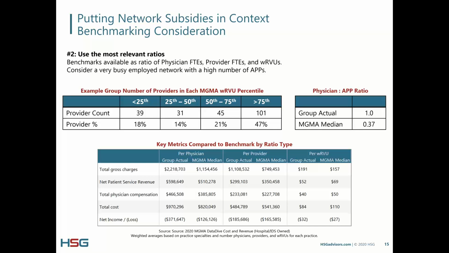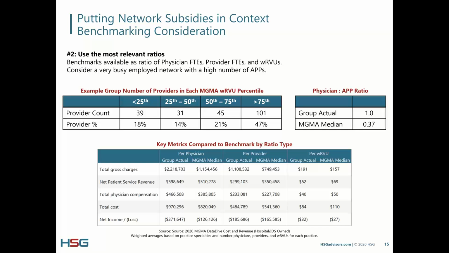Also, the whole group was about a 1-to-1 physician to APP ratio. In the MGMA multi-specialty median, there's about 0.37 APPs for every physician. So you can see this group is fundamentally way more productive, fundamentally way more skewed towards APPs than the MGMA average group that's filling out that multi-specialty category.